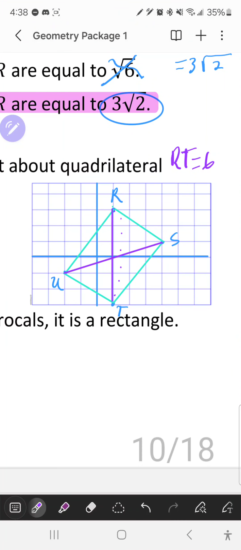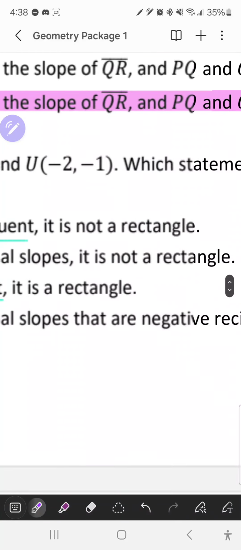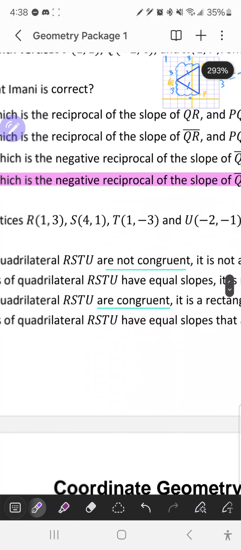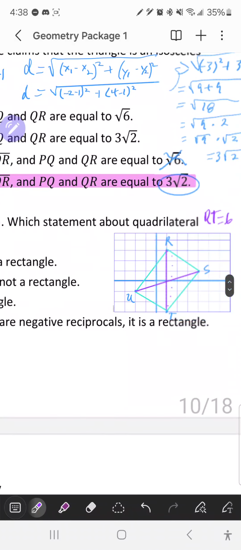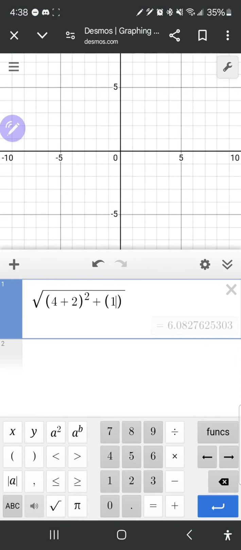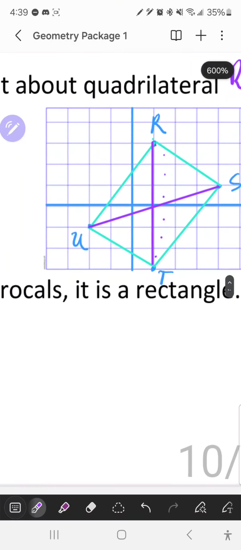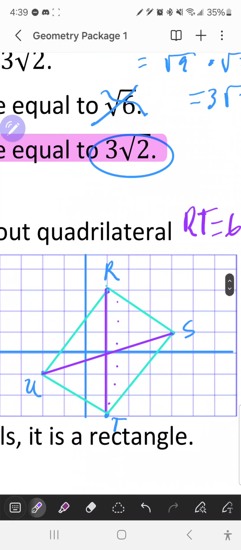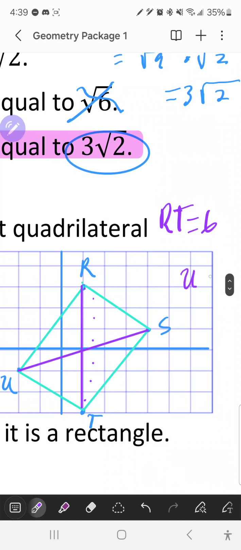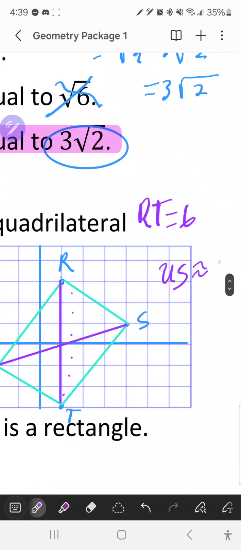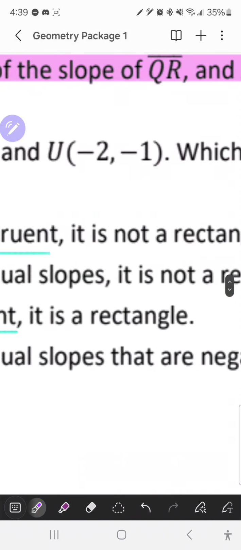For y, it is 1 minus -1, let me check if I graphed it right. Yeah, 1 minus -1, which is the same as 1 plus 1 square. So we get that our answer is a little bit over 6, so they are not congruent. US is approximately 6.3, so they are not congruent.